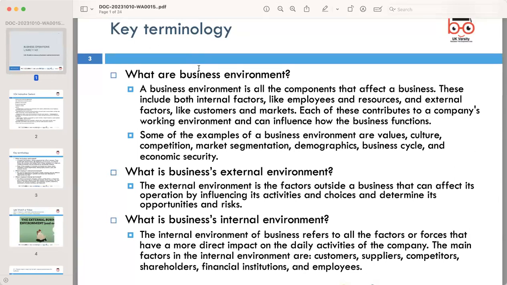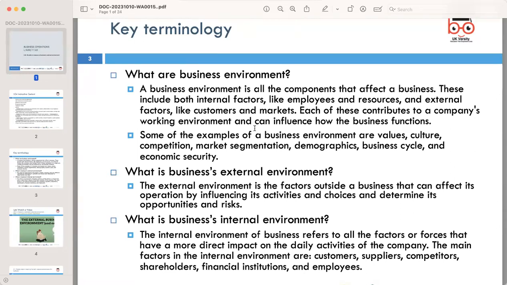Examples of components in a business environment include values, cultures, competition, market agreement, market segmentation, demographics, business cycle, and economic security.